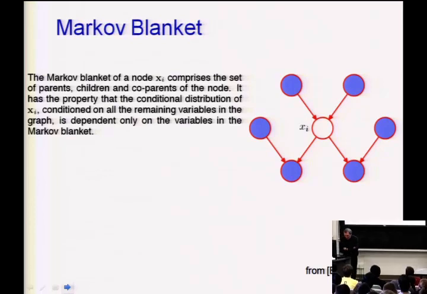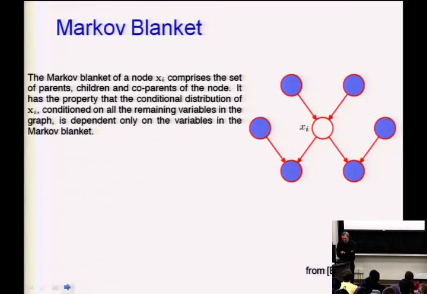That's called the Markov blanket. The Markov blanket is the set of nodes in the network such that if we know just their values and nothing else about what's going on in the network, they define as precisely as can be defined the probability distribution on X sub I.